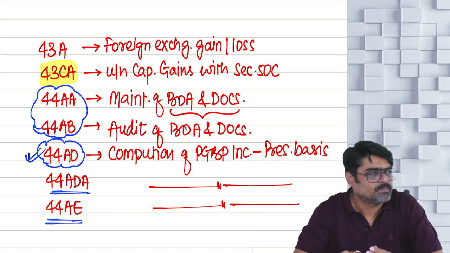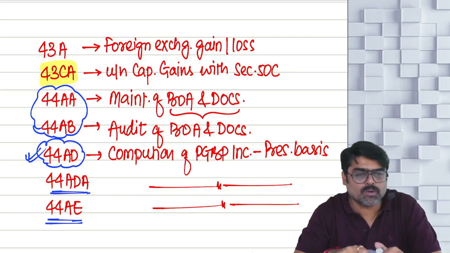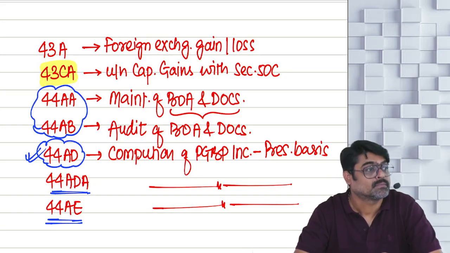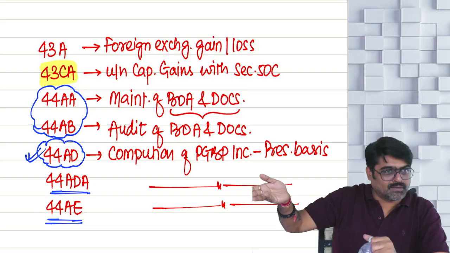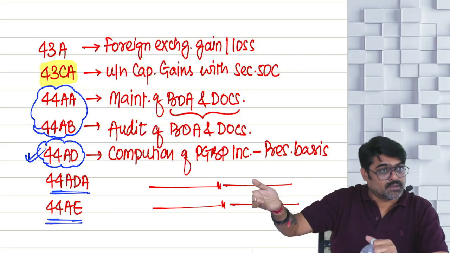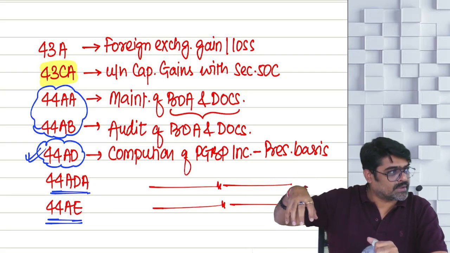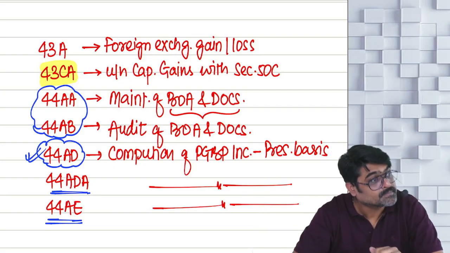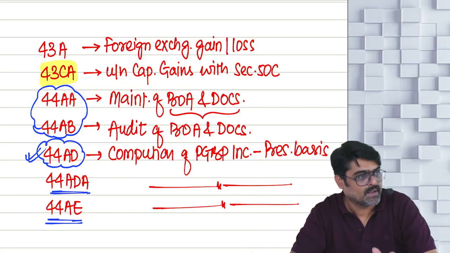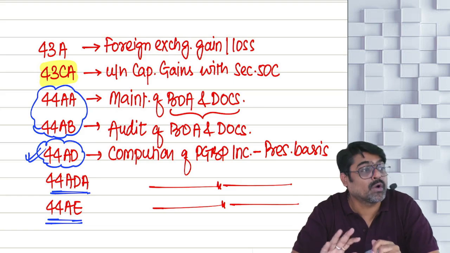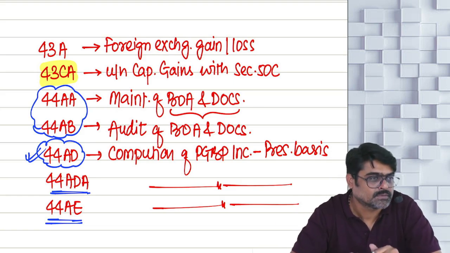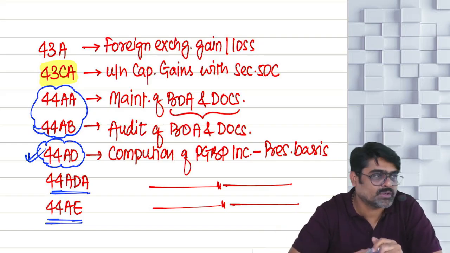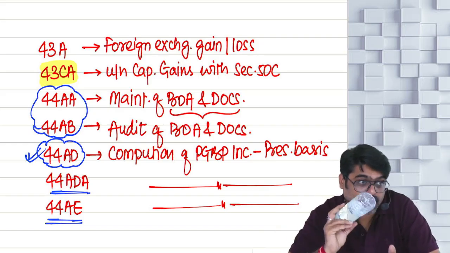Are you going to tell the government how much was your PGBP income? You will file your return. In your return, are you not going to tell the government that this is your PGBP income? How do we believe that this PGBP income which you are showing is correct?